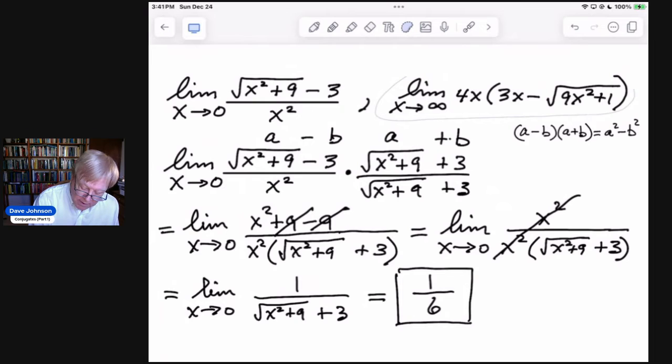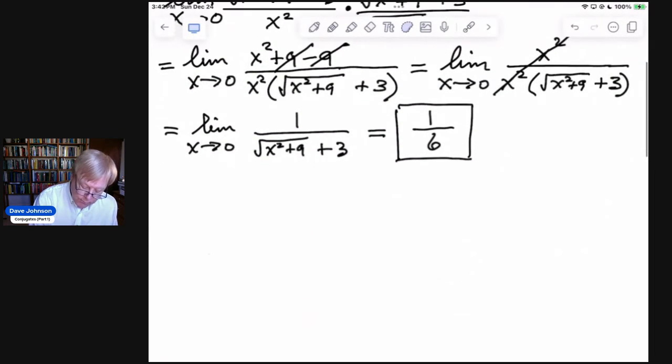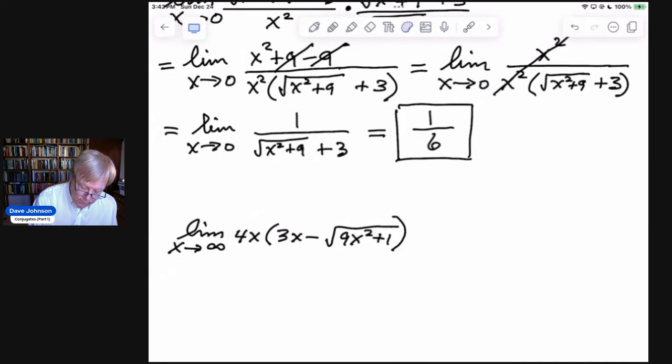Let me just copy it from up here. Now, this one's a little different because it's not going to be a 0 divided by 0 indeterminate form. In fact, we're taking the limit as x goes to positive infinity.